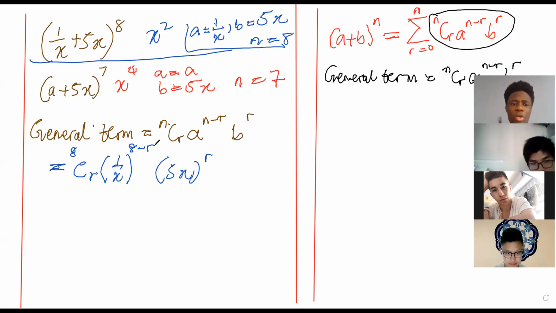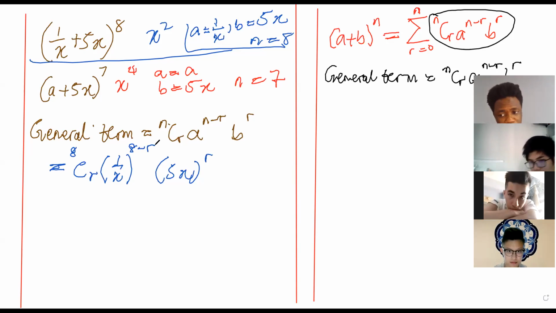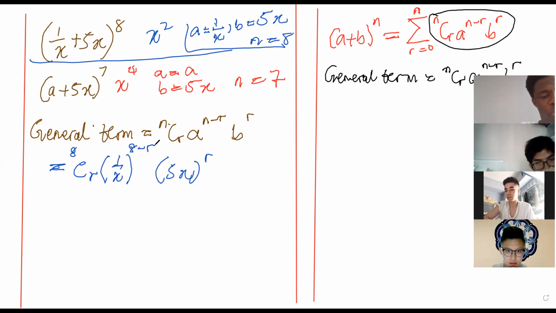Okay. Remember, the question is about the coefficients. So we need to find the coefficients of each of them, exactly what the coefficient is. And we have to first remove the x, separate the x from the numbers. That's the idea. We separate the x from the whatever.